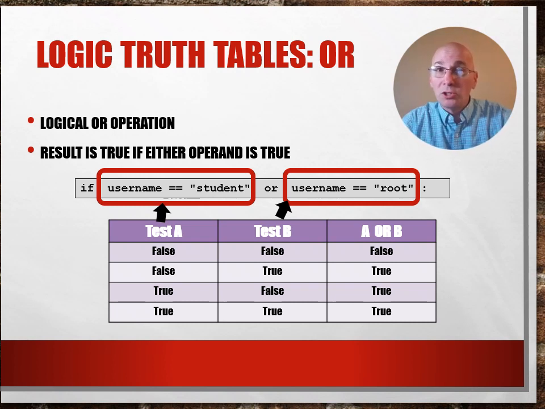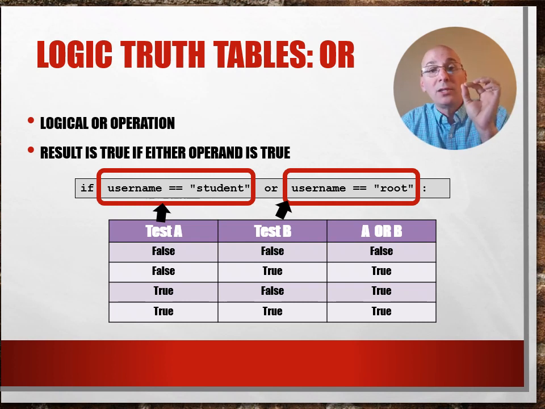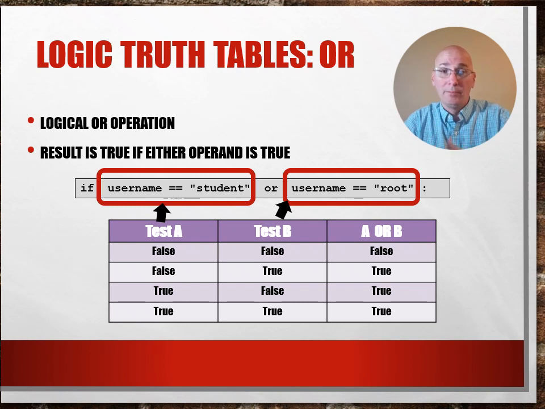If the username is student, but the username is not root, then it would execute. Or if the username was both, right? And in this particular case, a username value couldn't possibly be both. But if both of them are true, then the result of the operation A or B would also be true, because it's asking, is this true or is this true? And it's okay if they're both true.